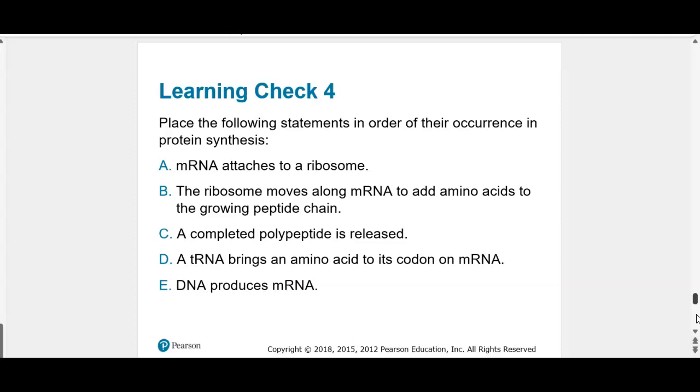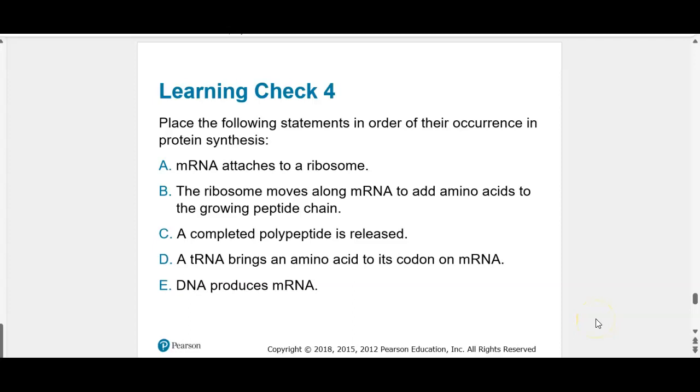It's going to bring an amino acid to its codon on the messenger RNA, starting with methionine. This is going to be a start codon. And the ribosome is going to move along, and the completed polypeptide chain is going to be released after it hits a stop codon. This is easy enough to reason out.